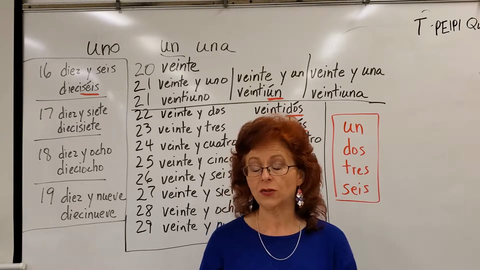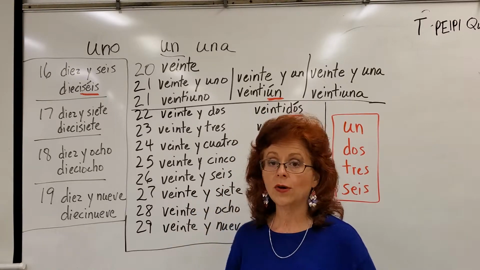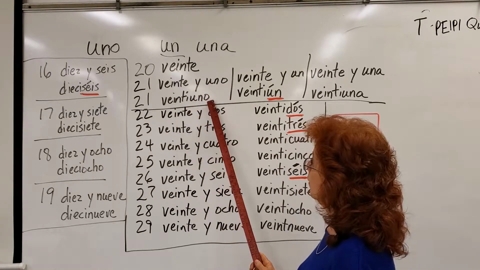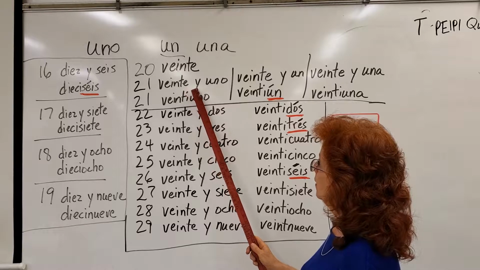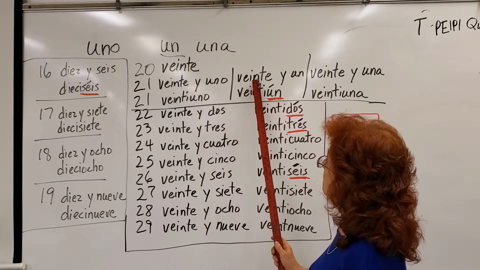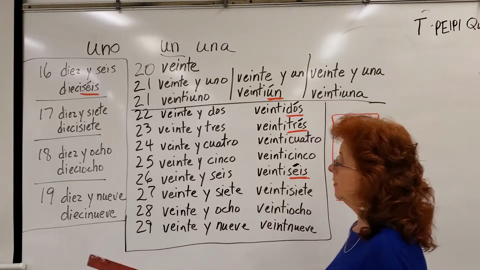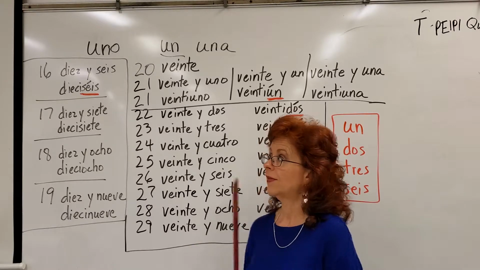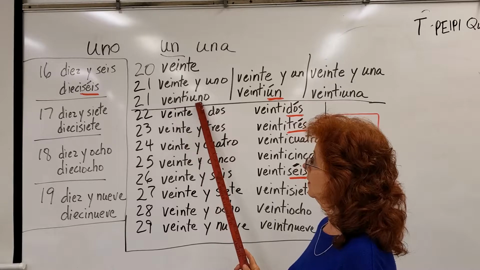Okay, so 20 is just veinte, like I have up there. And when you say 21, there's the old-fashioned way to write it, and then there's the new way to write it. The old-fashioned way is veinte y uno. But normal speaking Spanish is so fast that the E right there just drops off, so it ends up sounding different.